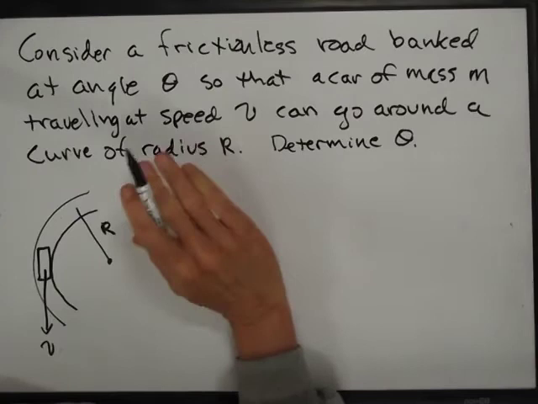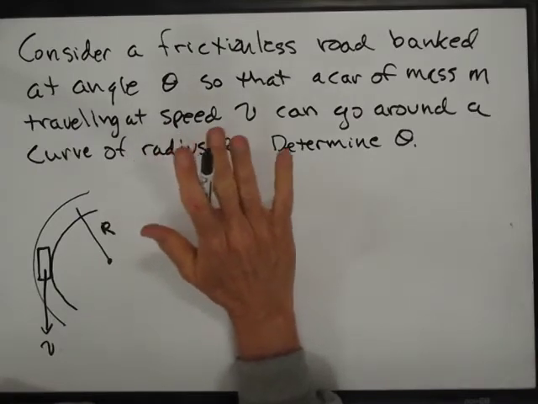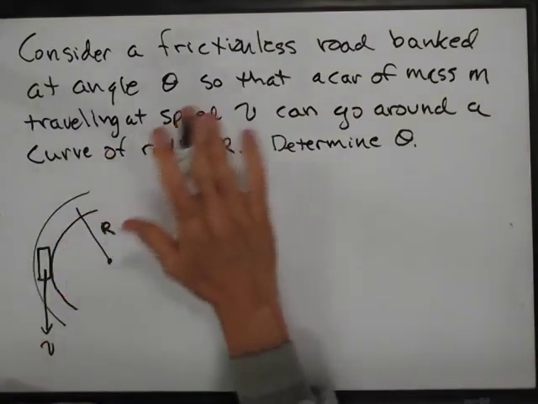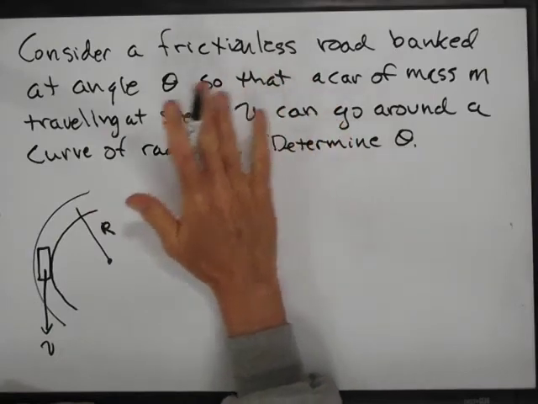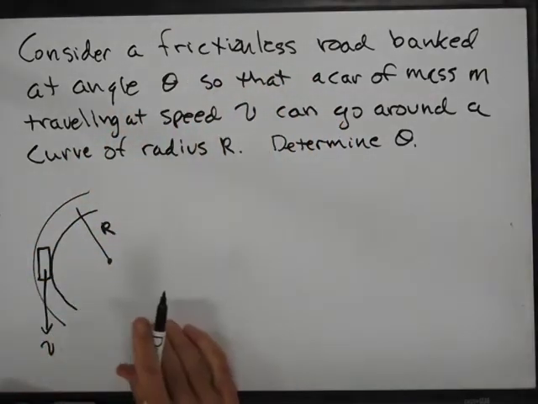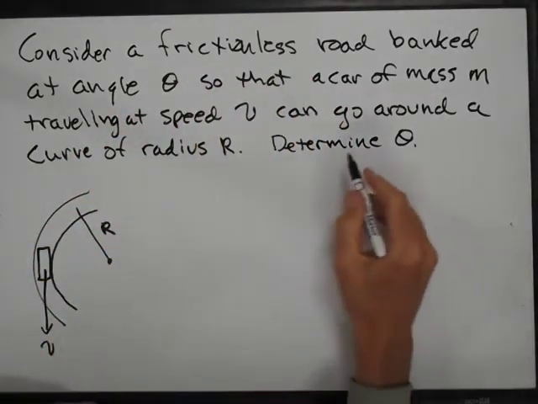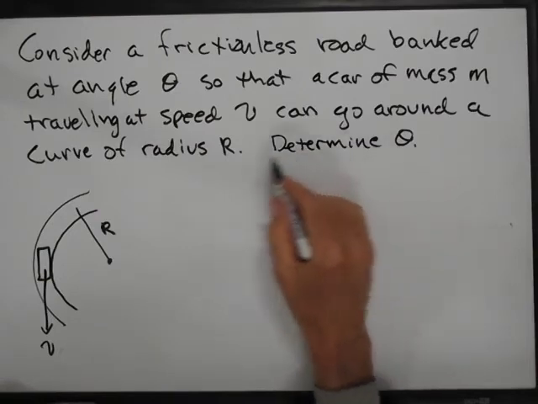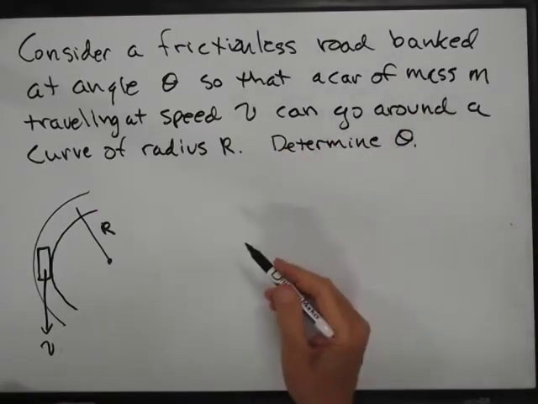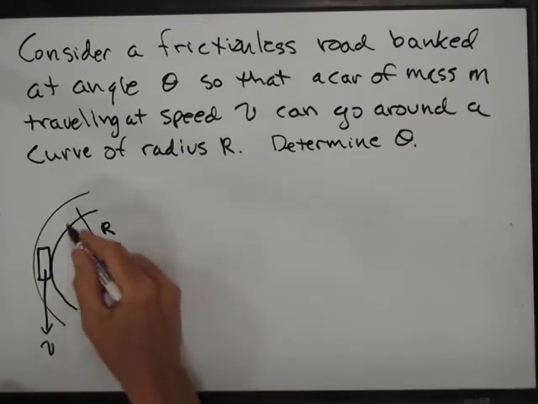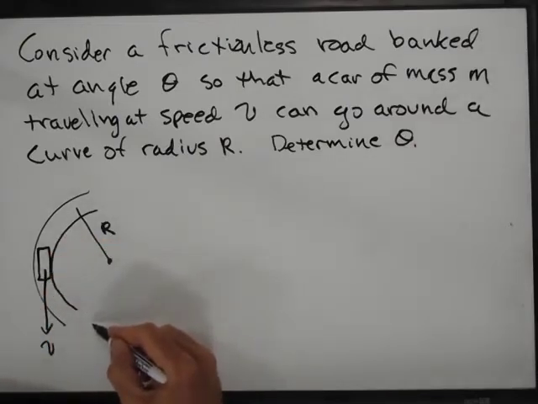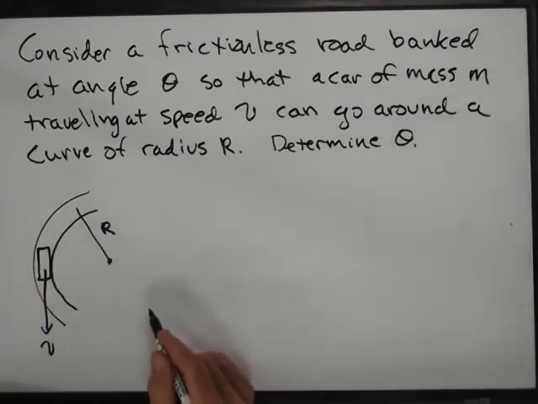Except this time, instead of being a flat road with friction, the road is banked. You may have noticed that often roads, especially highways, get banked as they go around a curve. And so we want to determine theta in terms of r and v and anything else, so that the car will make it around this curve without sliding off the road, even though the road is frictionless.